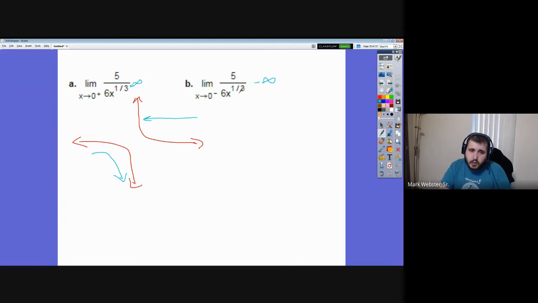Again, don't overthink this. Don't think too hard about this where you're panicking, because you don't have to. Sometimes it's just as easy as closing your eyes and picturing what's going on and working with it visually. If you can't, then just plug in numbers really close to 0 on the side that they want.